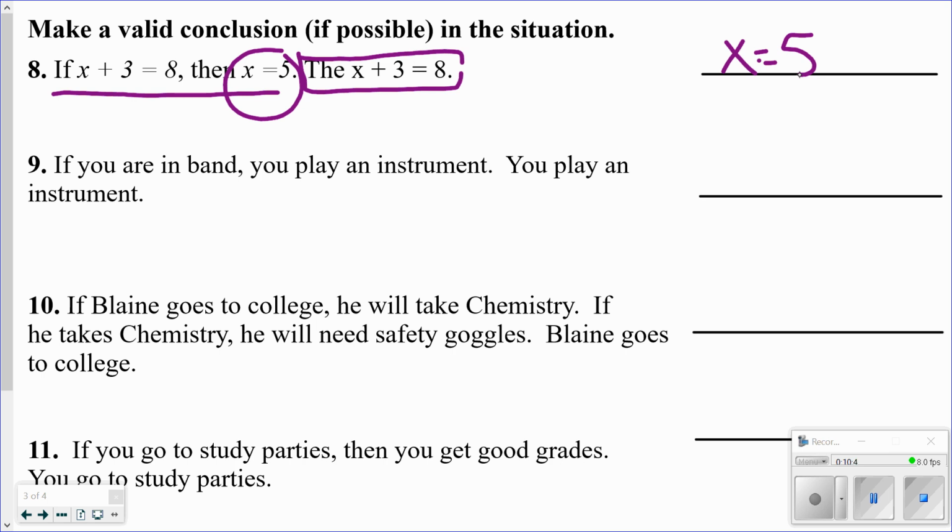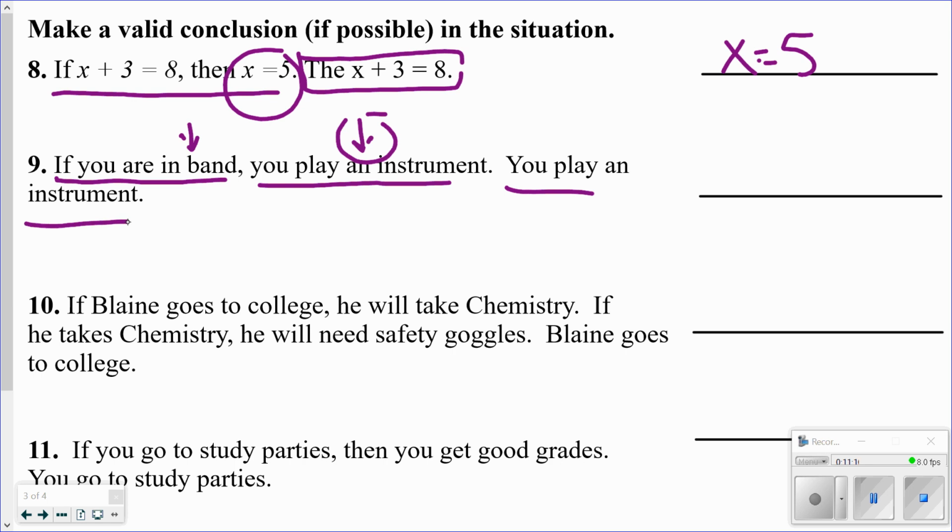Next, if you are in band, you play an instrument. Let's go back to our original statement. If you are in band, then you play an instrument. If we know they are in band, that's the only way we can conclude that they play an instrument. The next statement starts with the second part of this statement, if you play an instrument. So what can you conclude?